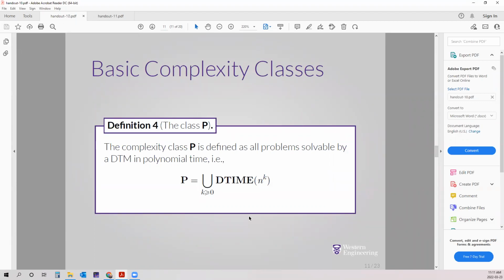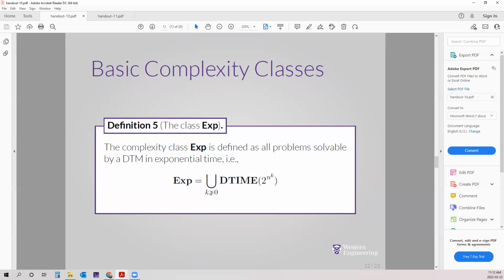The complexity class P is defined as all problems solvable by a deterministic Turing machine in polynomial time, so P is the union of all deterministic Turing machine time complexities n to the power k, where k is greater than or equal to 0. The union means all problems solvable by a deterministic Turing machine in polynomial time. Okay.